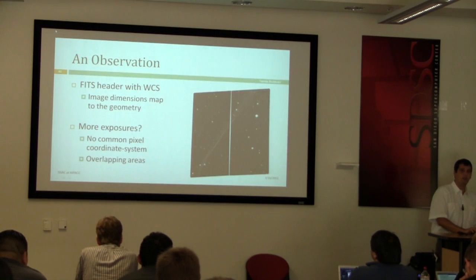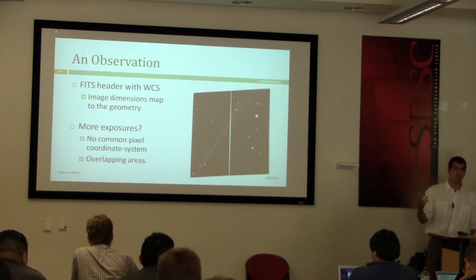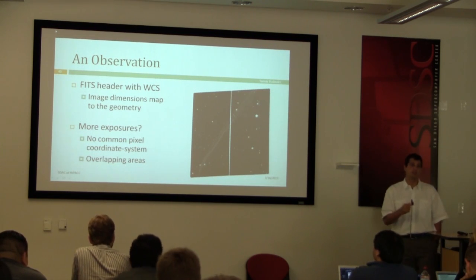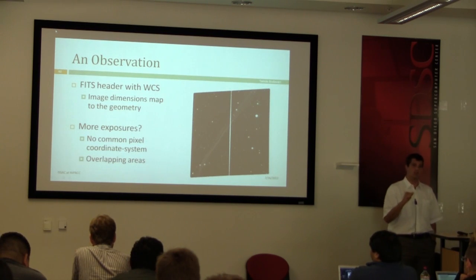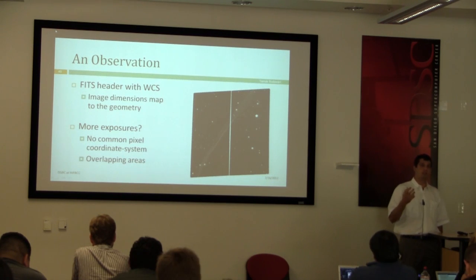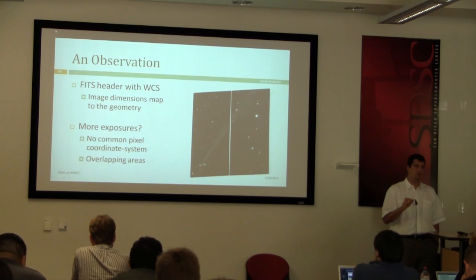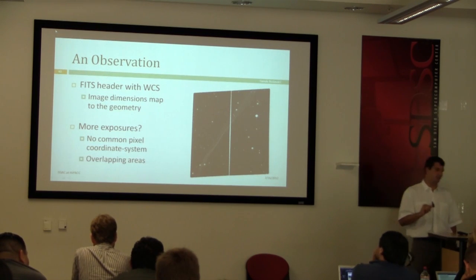Okay, so if you make an observation, you always have a footprint or a sky coverage information that comes with it. The astronomers are very careful about their sky coverage information, and they build tools that will store it immediately into the FITS files that you save. This is called the WCS, the World Coordinate System. There are papers to look up on this if you're interested.